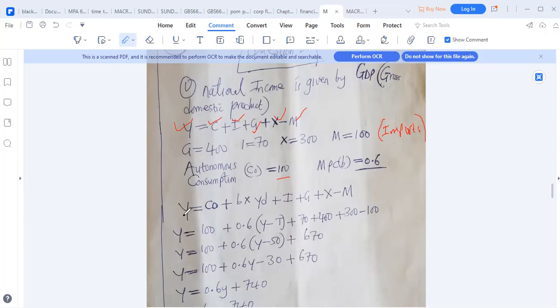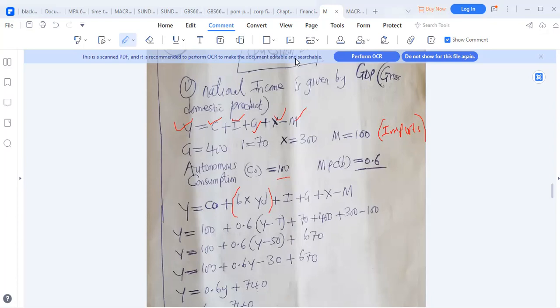So our income, which is the gross domestic product, is equal to autonomous consumption, CO, plus B multiplied by, the B is the marginal propensity to consume.